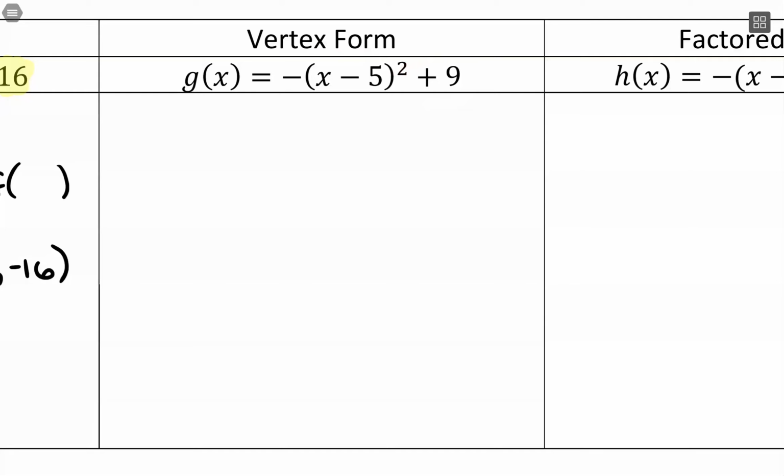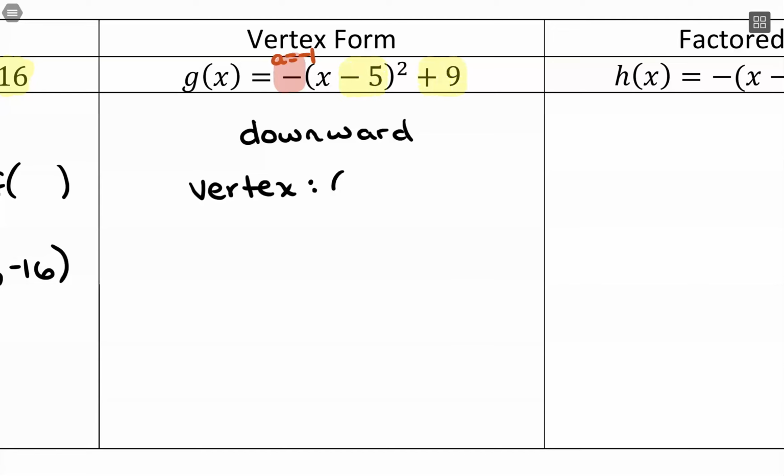Now for a, we can actually see a right out front here. This is showing us that a is -1, which is the same as before. So with this, we can see clearly that it is opening downward. Now for the vertex here, there's a reason that it's called the vertex form, and that's because it's showing us what our vertex is, with this number next to x and this number adding or subtracting outside.